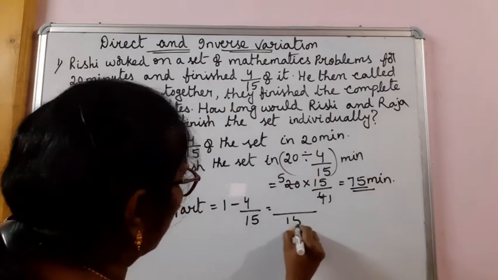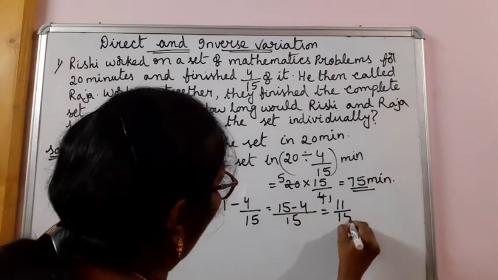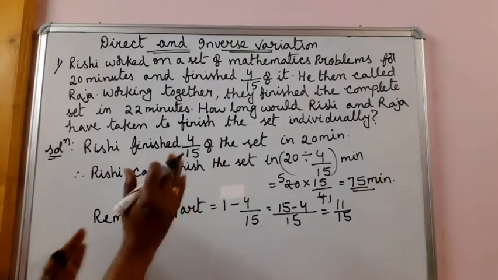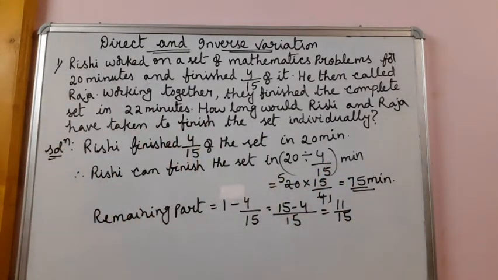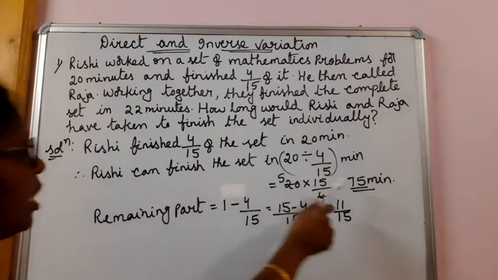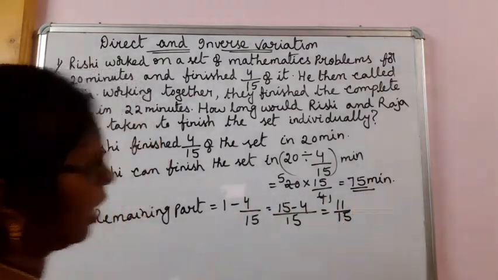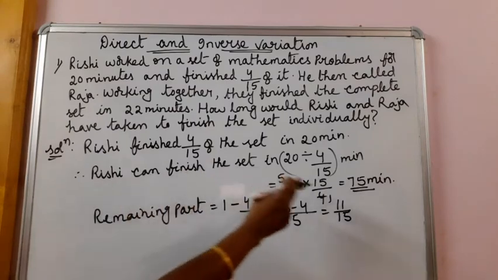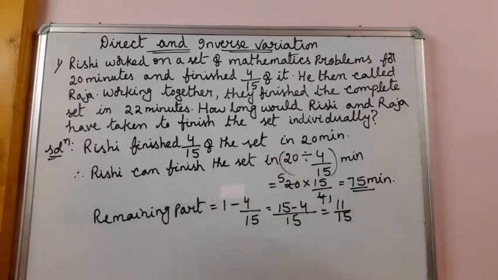So the LCM is 15, 15 minus 4, 11 by 15 of the set is left. This 11 by 15 of the set, both Rishi and Raza have completed in 22 minutes. But Rishi can do in 1 minute 1 by 75 part, because we found that Rishi can finish the set in 75 minutes.